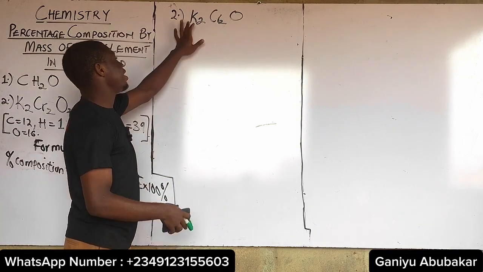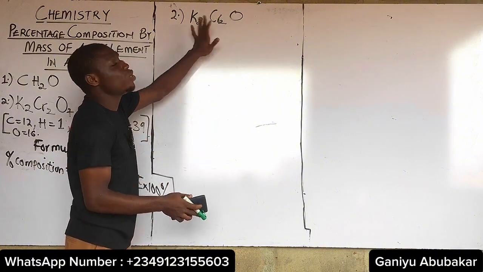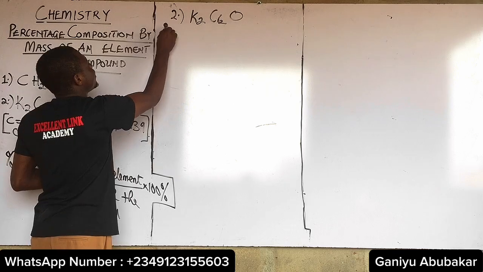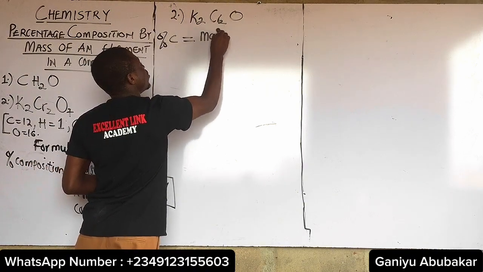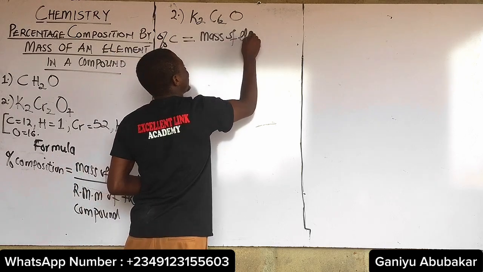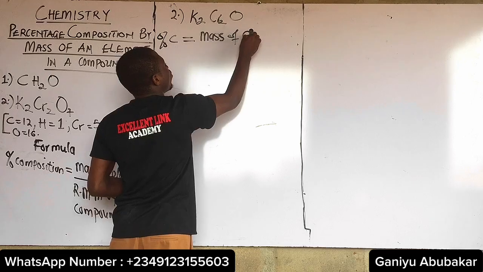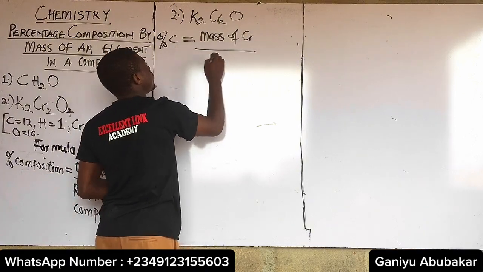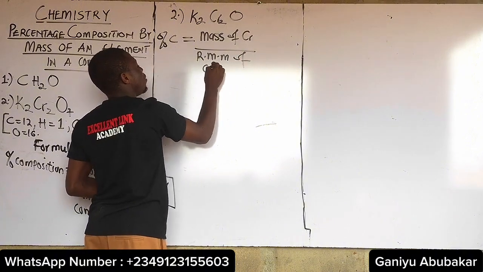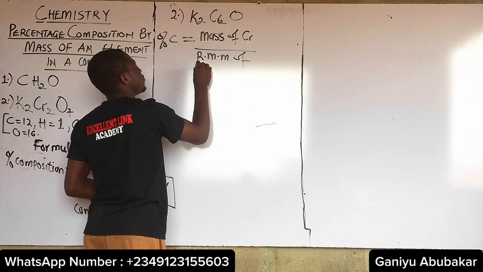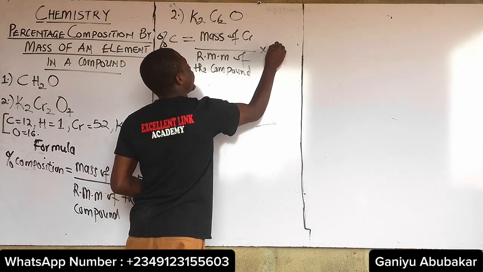Don't go ahead and say potassium, just chromium alone. So to calculate the percentage composition of chromium, I need the mass of the element, which is the mass of chromium, all over the relative molecular mass of the compound, times 100%.